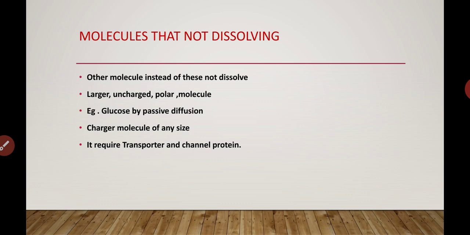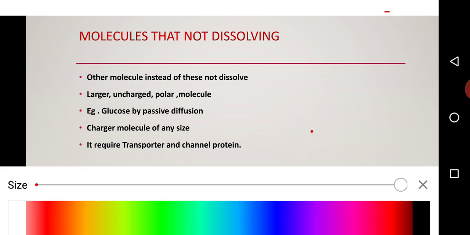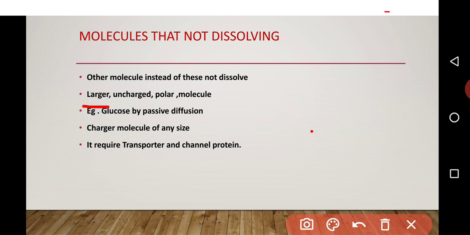Which are these molecules? These are the large uncharged polar molecules. Large molecules cannot diffuse through the plasma membrane easily, and polar, uncharged molecules do not cross the membrane by passive diffusion because of their larger size.